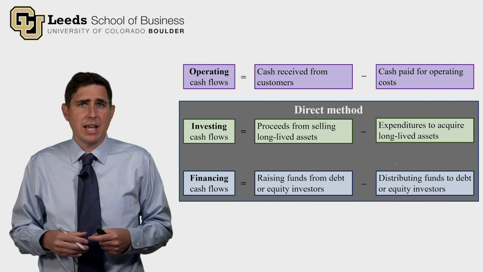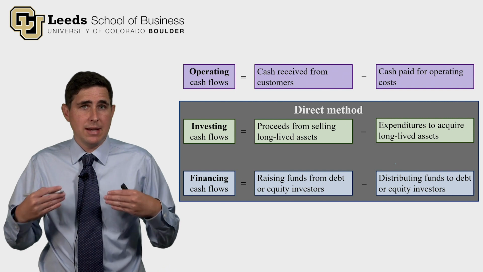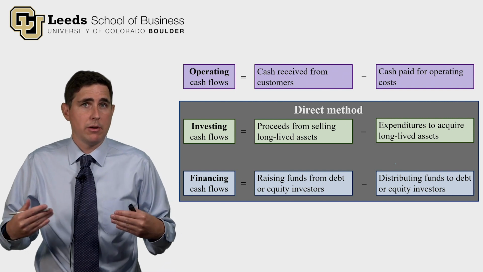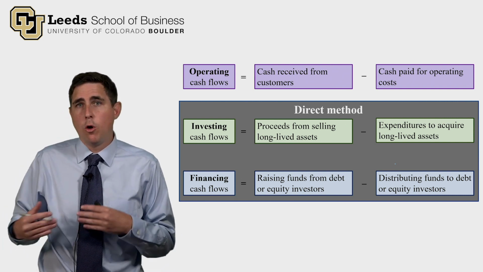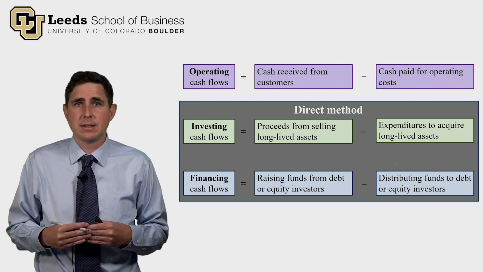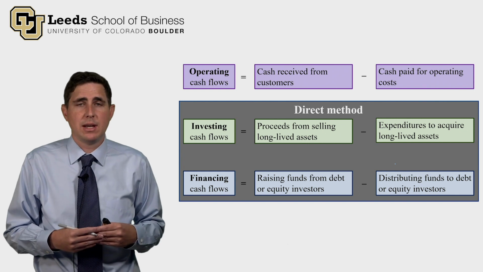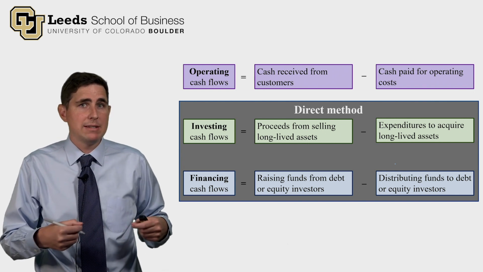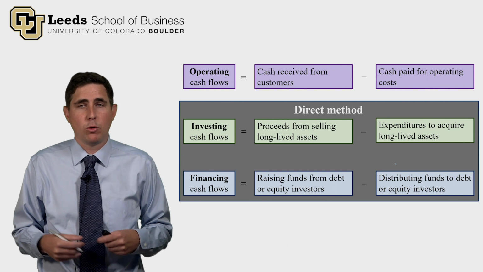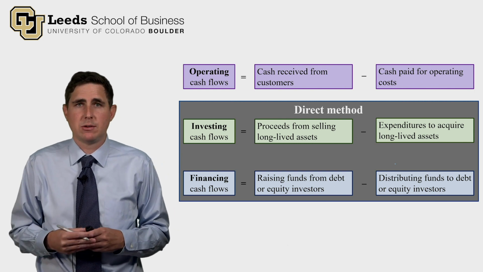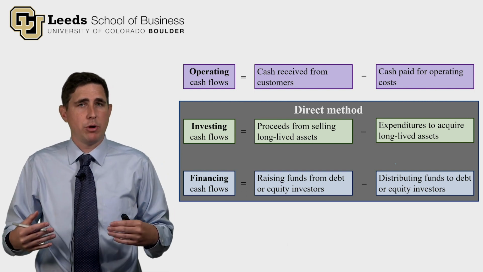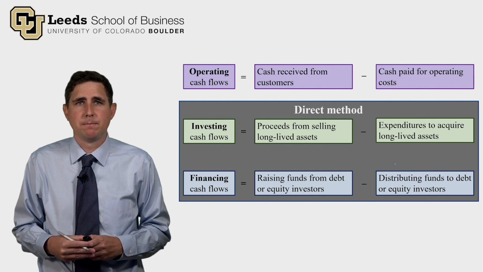You will see lines on the cash flow statement that say that they are proceeds from selling long-lived assets, for example, or expenditures to acquire long-lived assets. In the financing section, you'll see captions on the cash flow statement saying something about raising funds from debt or equity investors or distributing funds to debt or equity investors. So it's a very obvious presentation on the cash flow statement.